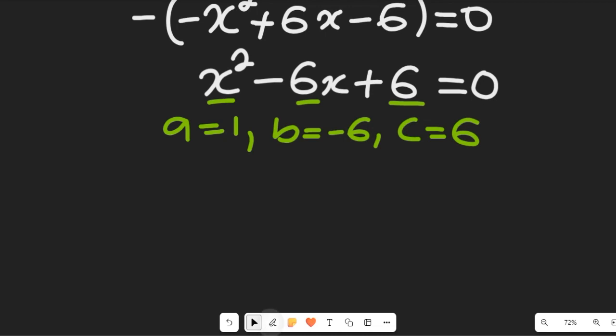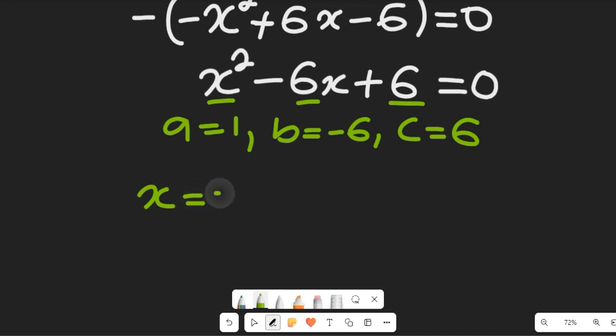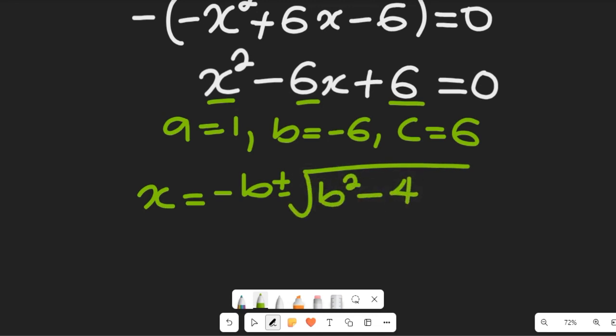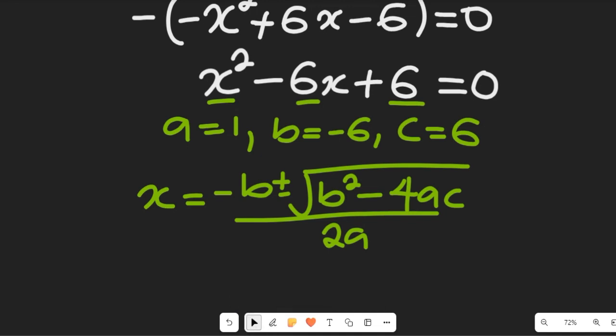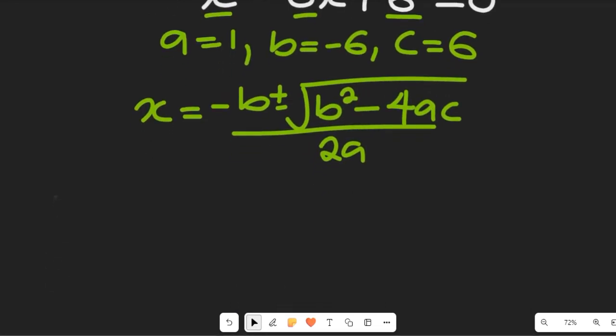The value of our x will be equal to negative b plus or minus the square root of b squared minus 4ac, all divided by 2a. So we're simply going to insert the values of a, b, c into that expression.